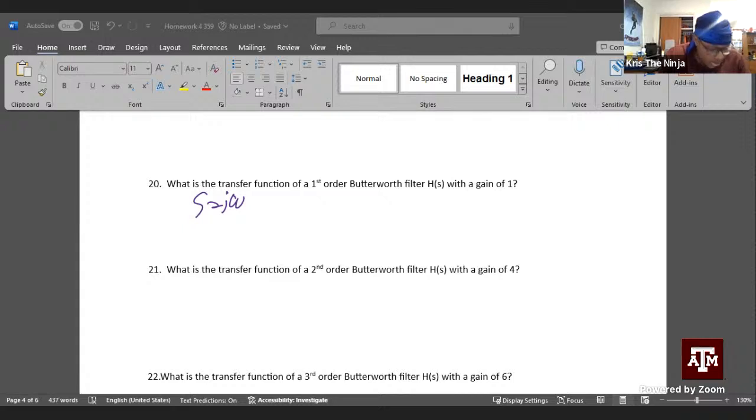Transfer functions, honestly, we can just literally write down all these transfer functions from the notes that I was given for class. Oh, we're already on question 20. Already past question 20. Holy cow. So first order Butterworth filter.